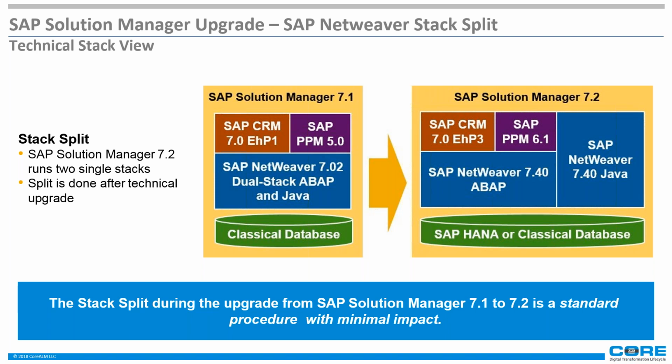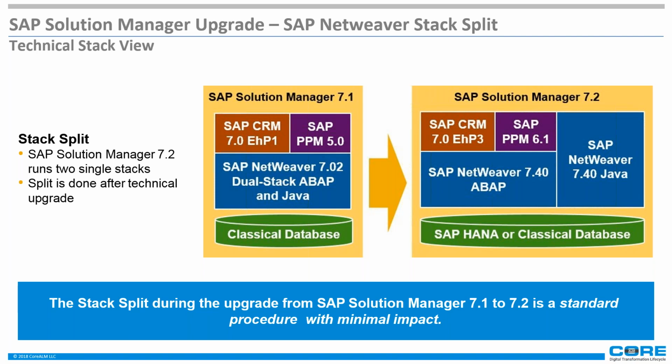So what's going to happen is you're going to go from an SAP Netweaver 7.02 dual stack system, ABAP and Java, to, the ABAP is going to be a Netweaver 7.4. Same with Netweaver Java, it's going to be a Netweaver 7.4. However, the difference here is that the two stacks will be split. So it's not really a dual stack system anymore, even though the Netweaver Java and ABAP are integrated, or they work together to deliver the end-to-end capabilities.